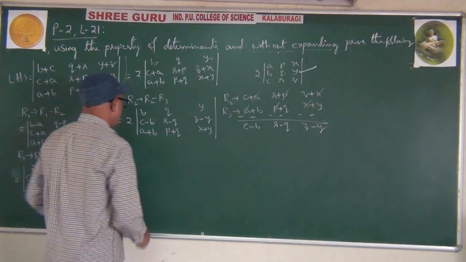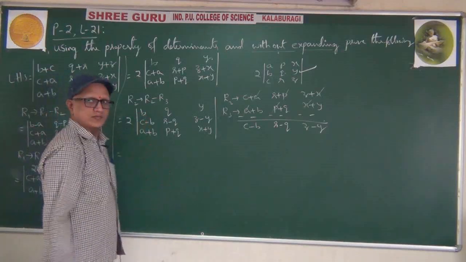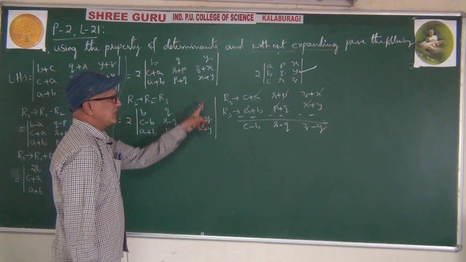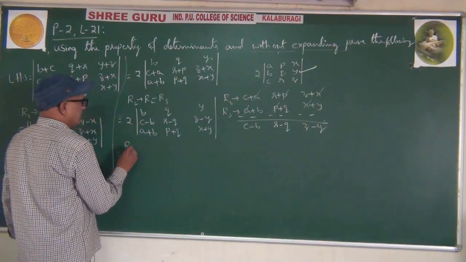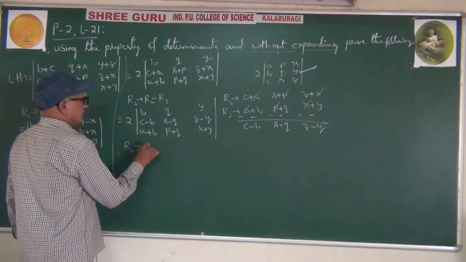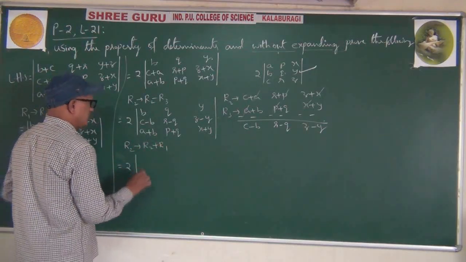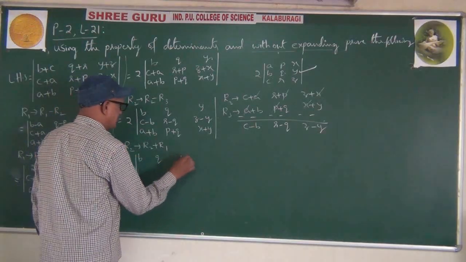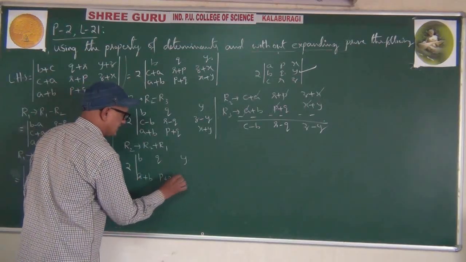Right? So what am I doing? I am going to add R1 and R2. Then we get minus B plus B cancel, minus Q plus Q cancel, minus Y plus Y cancel. R2 once again I am changing, like R2 plus R1. R2 we are changing, R1 as it is, R3 as it is.